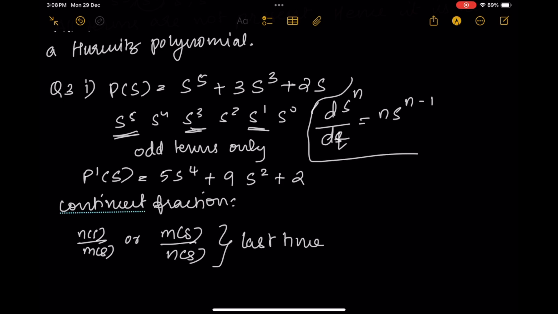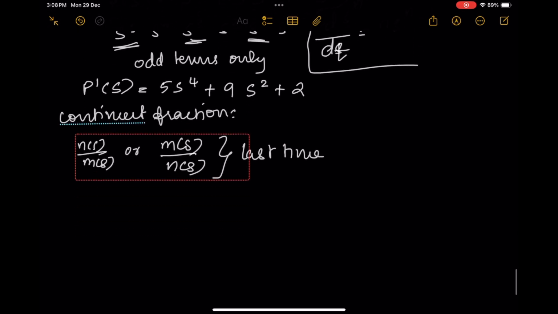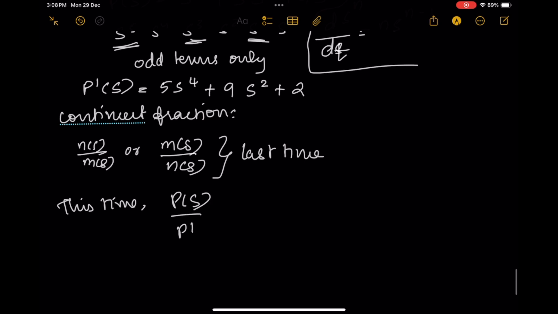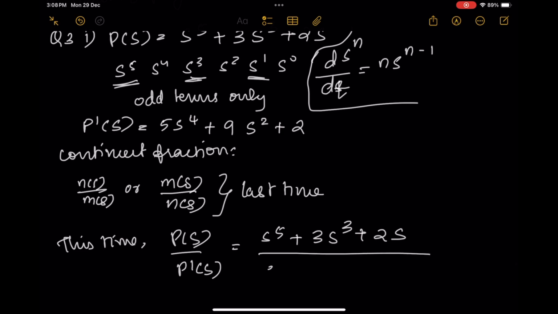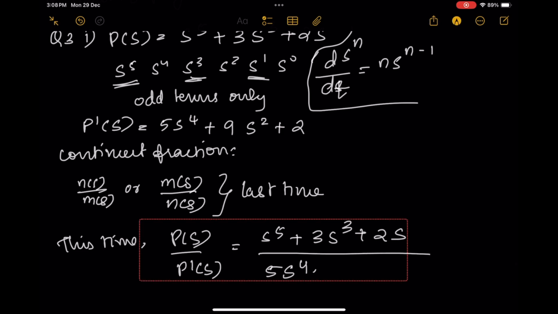This time we'll be doing p of s by p dash of s, because there are only odd terms in this given question. So I'm going to write p of s: s raised to 5 plus 3s cube plus 2s, divided by 5s raised to 4 plus 9s square plus 2.